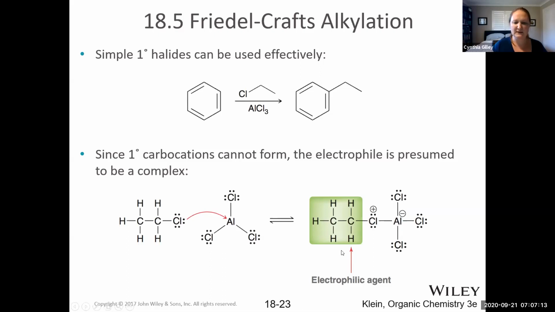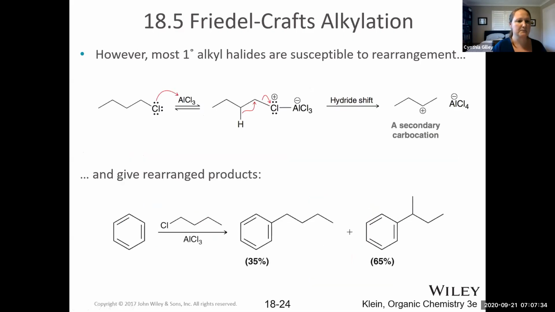Once it forms the Lewis acid-base complex, the carbon attached to the very electrophilic chlorine is the active electrophile in the reaction, because essentially it's the alpha carbon attached to the leaving group. So it makes sense that nucleophiles will attack that carbon specifically.